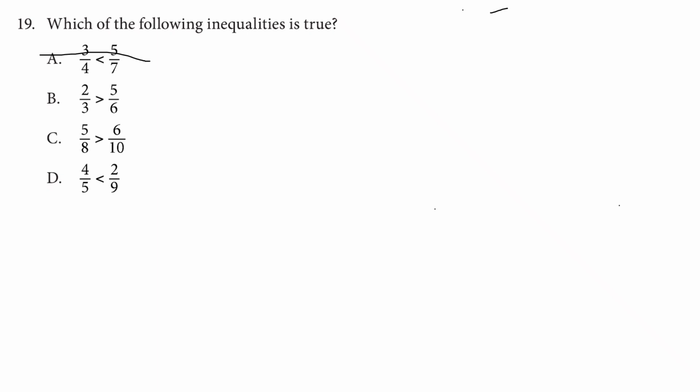So let's go ahead and do that one. So once again, we have 2/3. So that's going to be 2 divided by 3. 3 can't go into 2, so we put a 0 over the 2. We can add a 0 here.